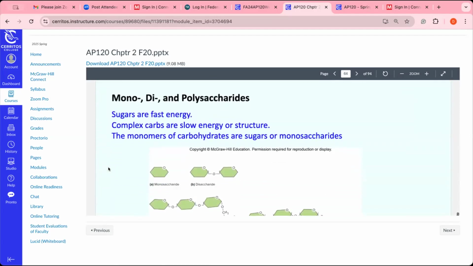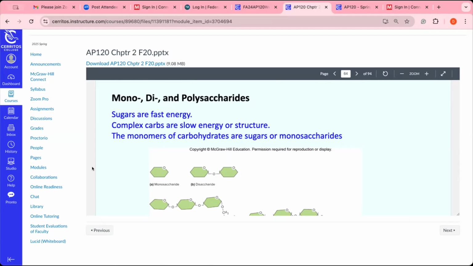What I was just telling you: mono, di, and polysaccharides. Sugars are fast energy. Complex carbs are slow energy or structure. The monomers of carbohydrates are sugars or monosaccharides. Notice, monosaccharide, you have 1 glucose molecule. Disaccharide, you have 2 glucose molecules.